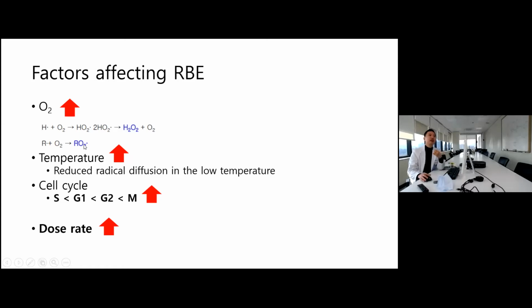So in a high oxygen circumstance, there are higher radiation effects compared to hypoxia.